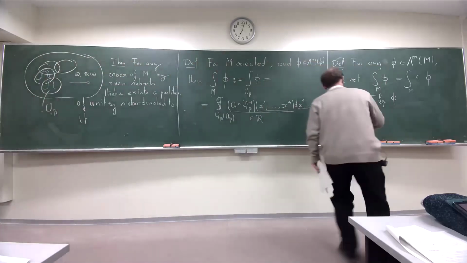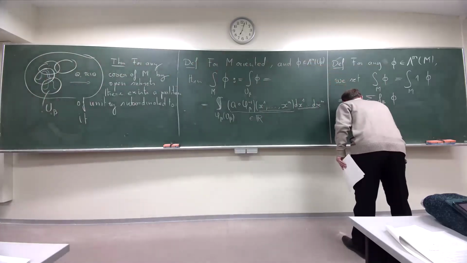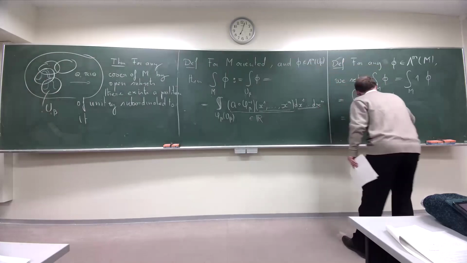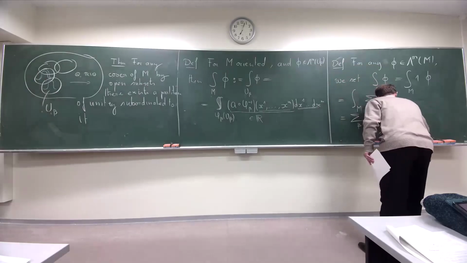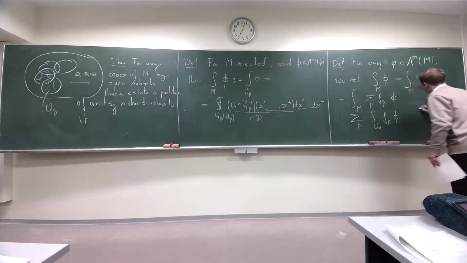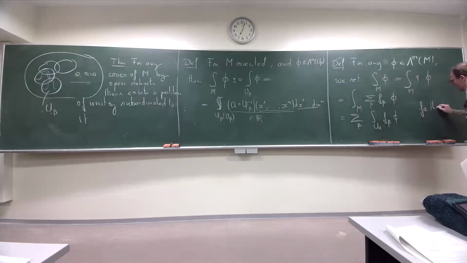So this is a sum on beta of the integral over U_alpha of f_beta phi, for the corresponding set U_alpha.